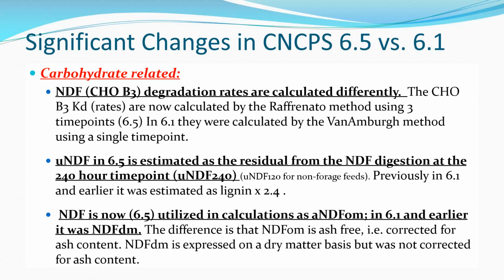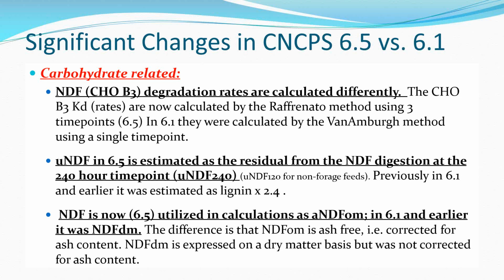Number one, the calculation of NDF degradation rates is now based on a different method that uses 3 time points. Previously, in 6.1 and earlier, the degradation rate for carbohydrates, NDF, was calculated using the Van Amburgh method, which involved the use of a single time point and a lag.